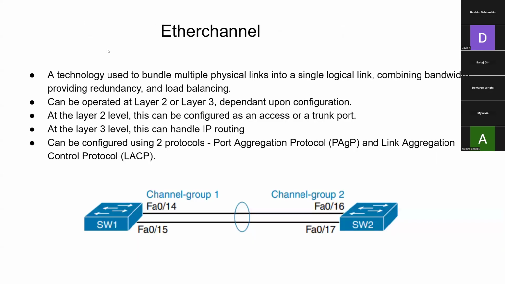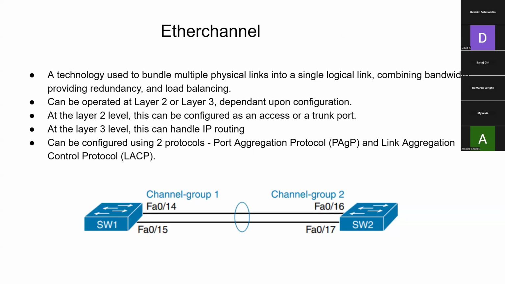Moving on to EtherChannel. This is a technology that's used to bundle multiple physical links into a single logical link. So this is going to be combining the bandwidth, providing redundancy, and load balancing as well. Before I go any further, let's take a look at this photo.